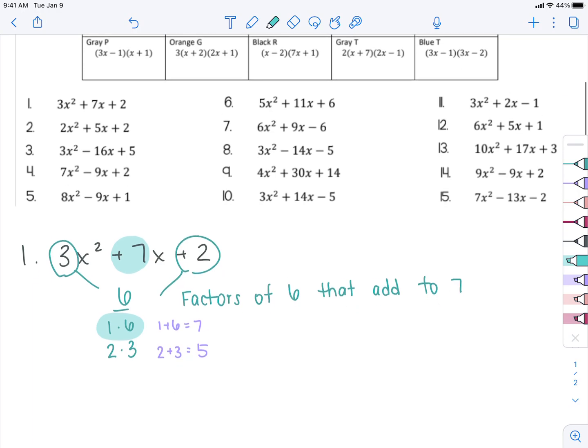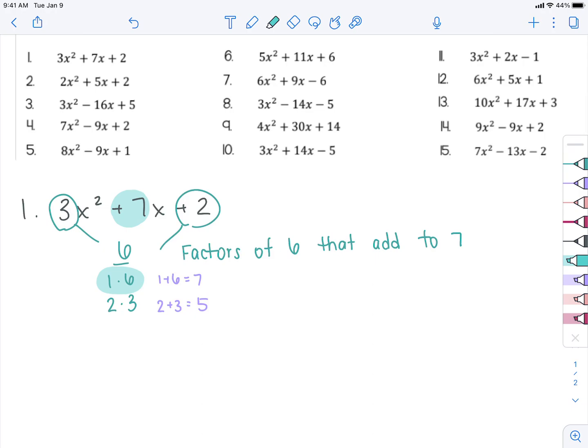So then, since I've chosen those numbers, I'm going to write out my two sets of parentheses. I'm going to split up my x squared, so I have an x in each parentheses. Both of my factors were positive, so I have a plus 1 and a plus 6. But since I multiplied by 3 to get my factors, I need to divide by 3.